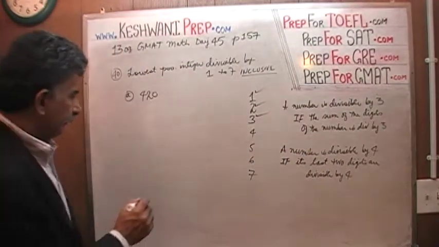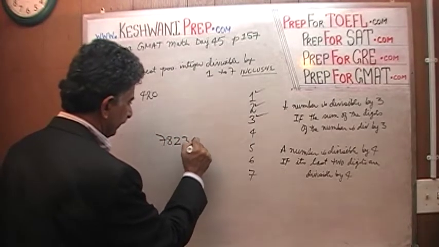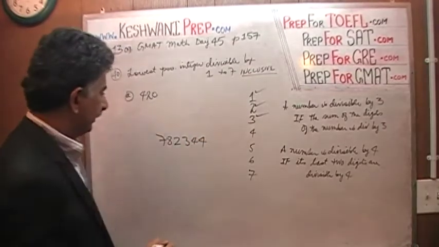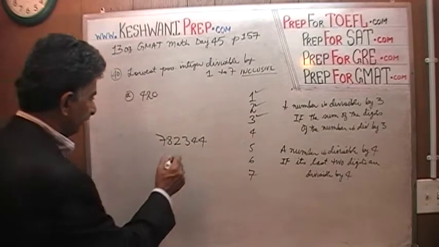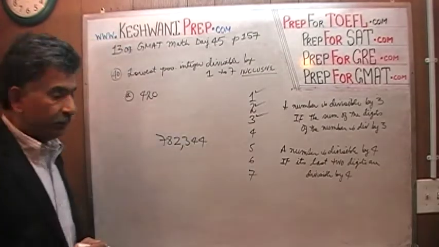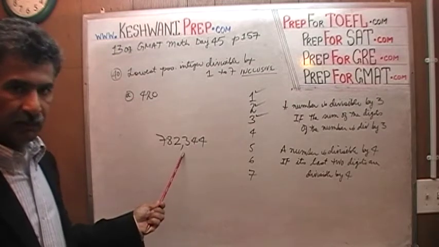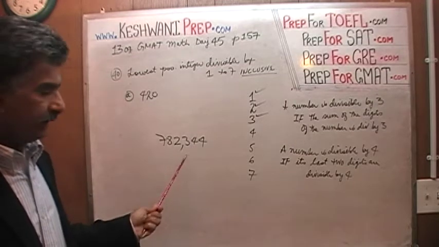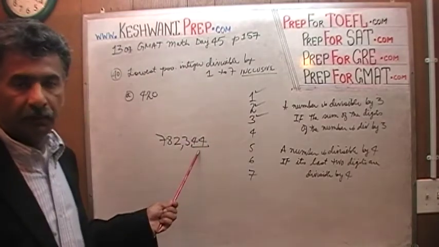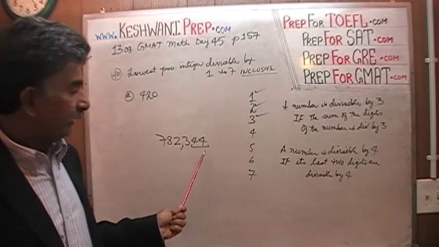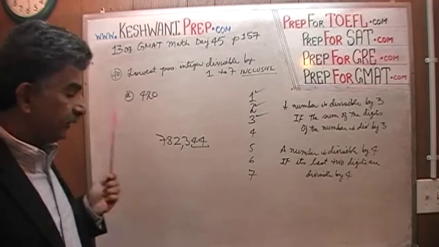For example, if someone gives you 782,344, is this number divisible by 4? The only thing we need to worry about are the last two digits, which are 44. Is 44 divisible by 4? Of course it is. Since 44 is divisible by 4, this number is divisible by 4. We don't have to look at any of the other digits.